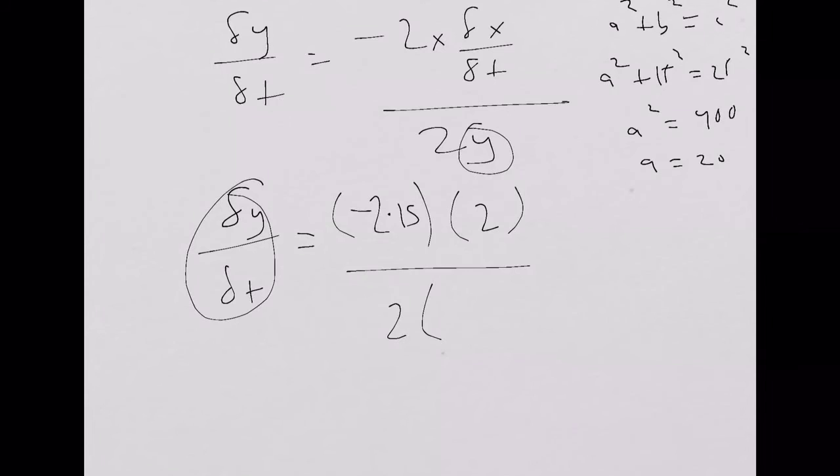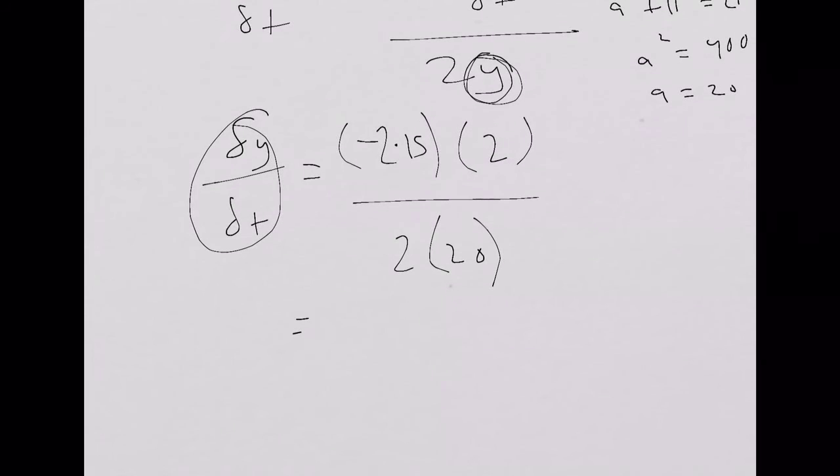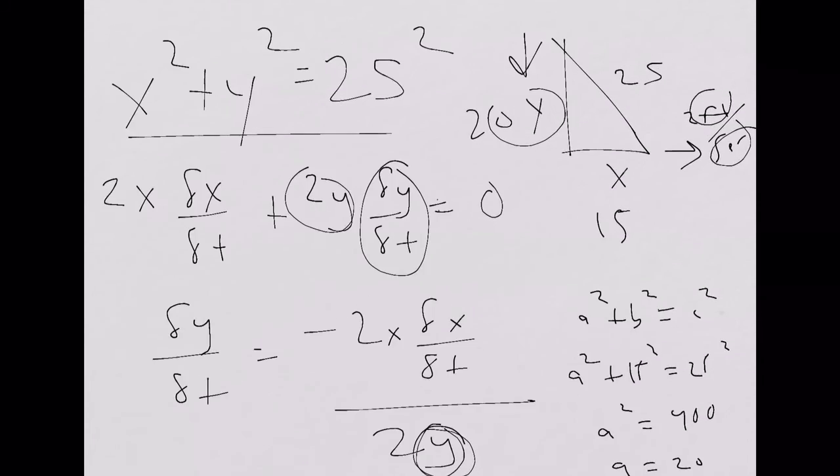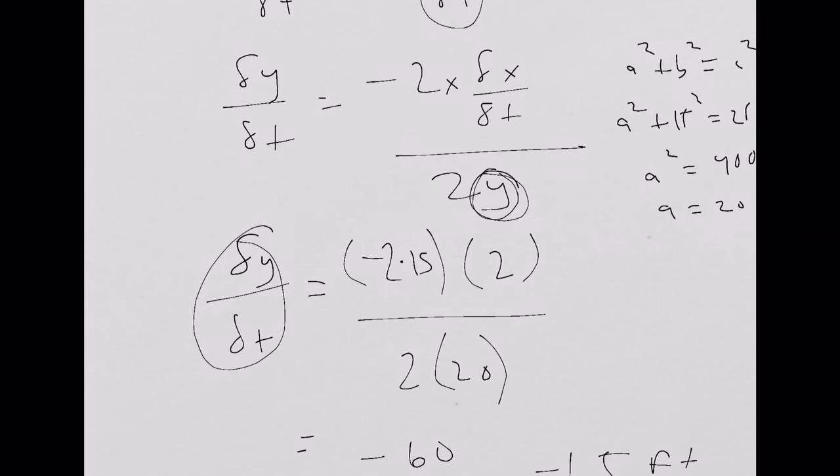So now I can put in my 2 times 20 here on the bottom. And then from here it's just doing the math. I get negative 30 times 2, so negative 60 up top, and 40 on the bottom. So I get negative 1.5, and I believe our units were feet per second. Now the reason why it's negative is that our ladder is going down, right? So my x was going in the positive direction, my y is going in the negative direction.